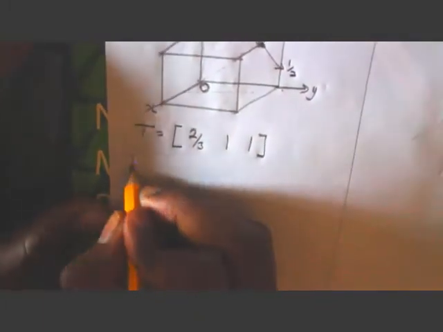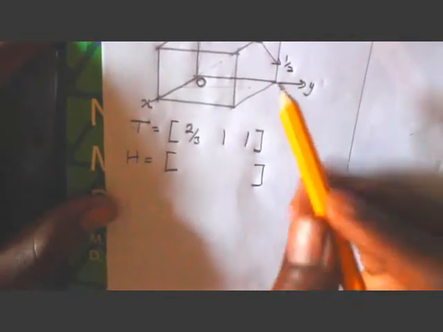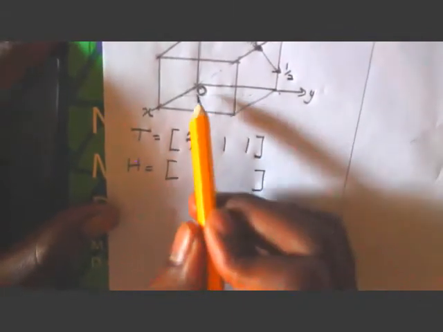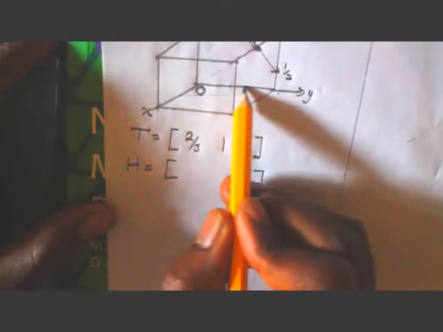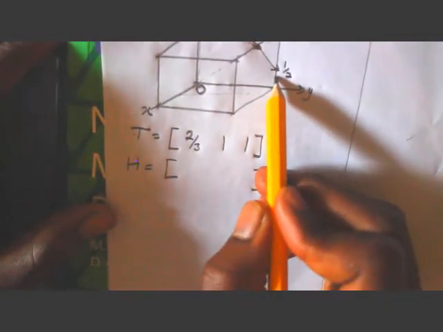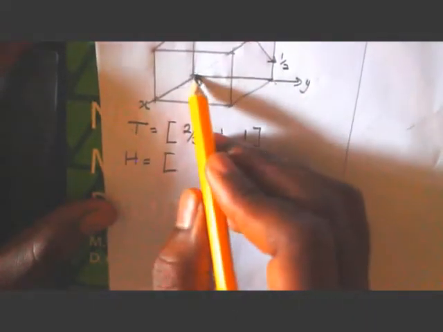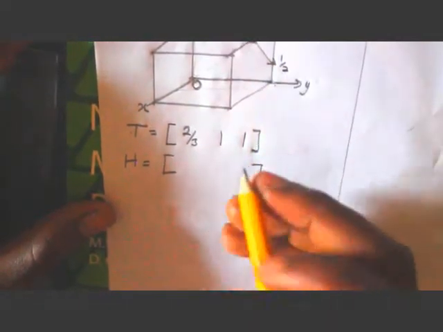So the direction of the head, you have to pay attention. Here is our head, so you need to go for the head. Here is our 0 also, so you can now say for X it is 0, for Y it is 1, and for Z it is 1/2.